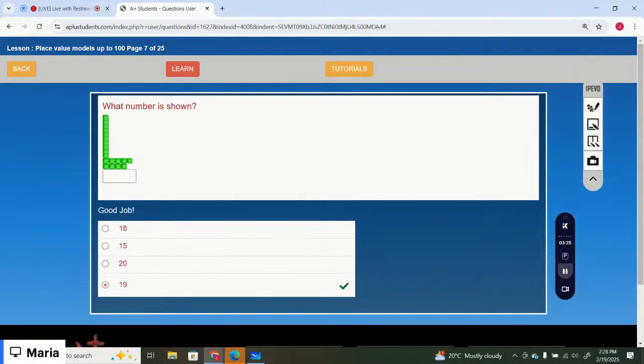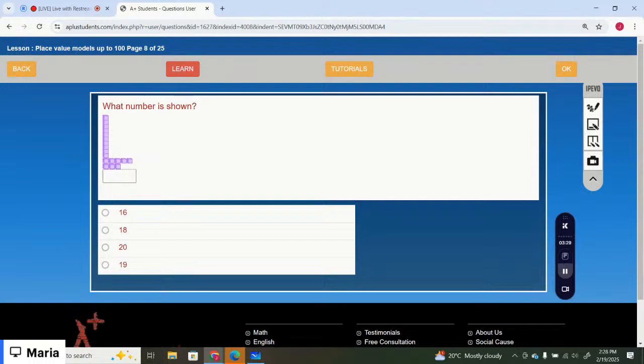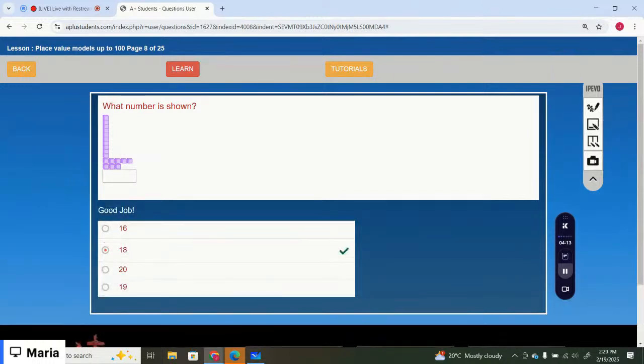That is 19. The correct option is 10 and 8 ones. Option number 2 is the correct option. That is 18.